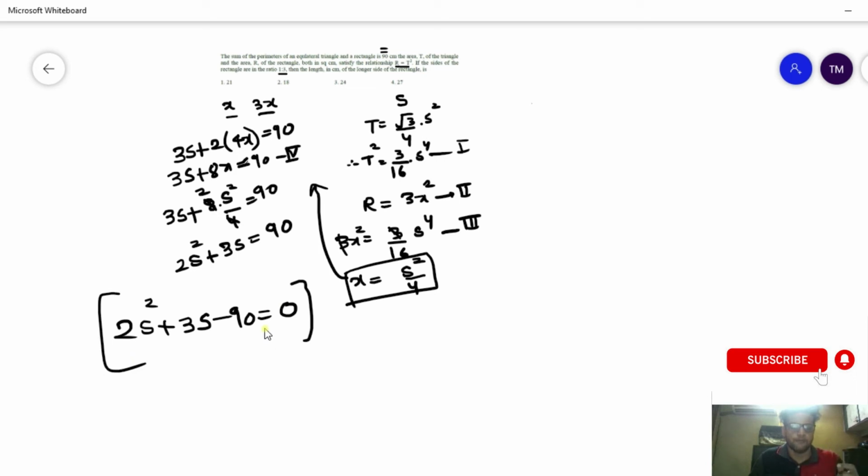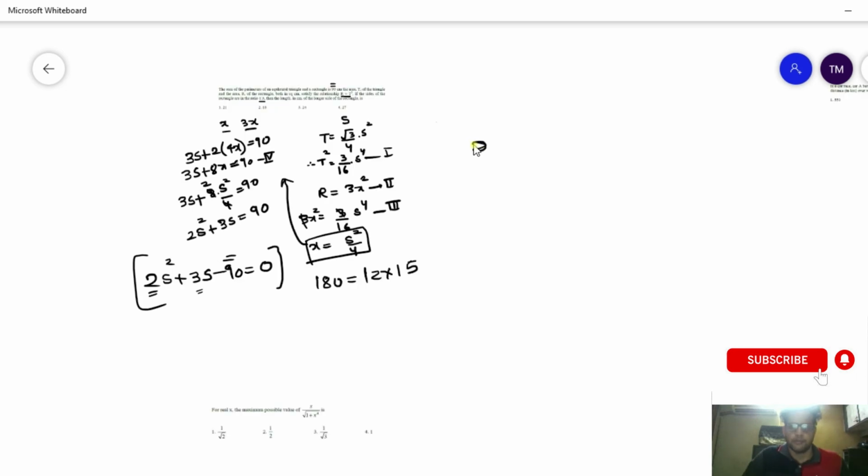Now how do you find the roots of the quadratic equation? You multiply 90 with 2, so that's 180. Now you try to split 180 in such a way that you get the middle term. So 180 would be 12 into 15. So can I say that 2s square plus 15s minus 12s minus 90 is equal to 0.